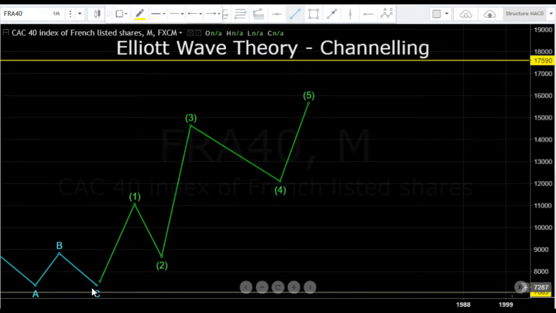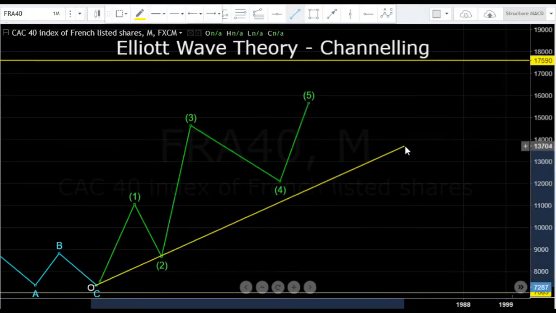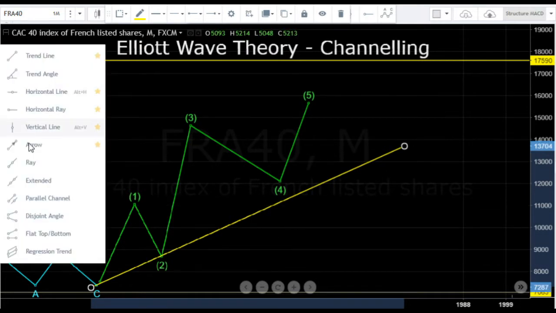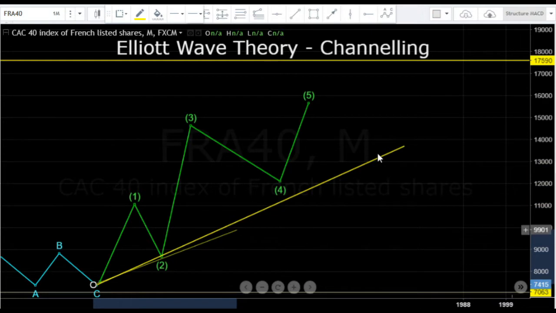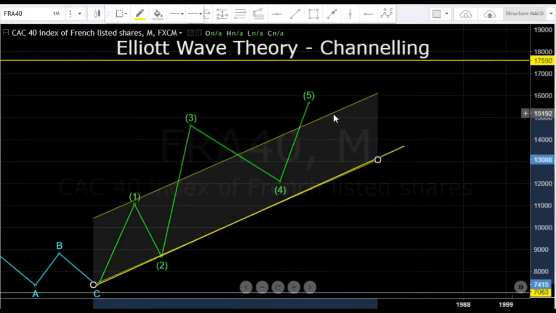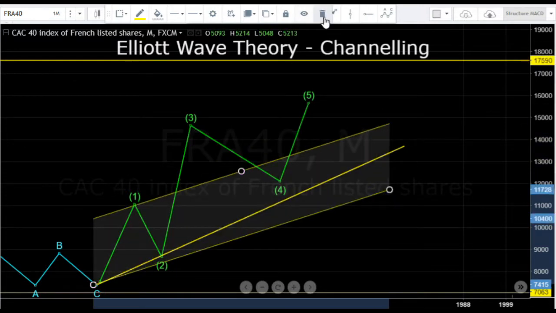Well, obviously we start, because remember this is in development, by joining 0 to the bottom of 2, and we put our parallel lines in to the top of 1, and that's our initial channel. But then, as we said, if 3 comes up in a very, very strong manner, then clearly our channel isn't correct, so we have to do our revision.